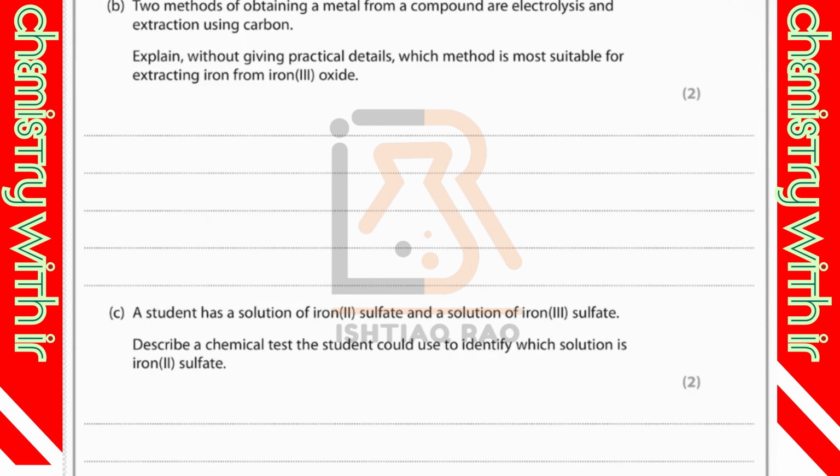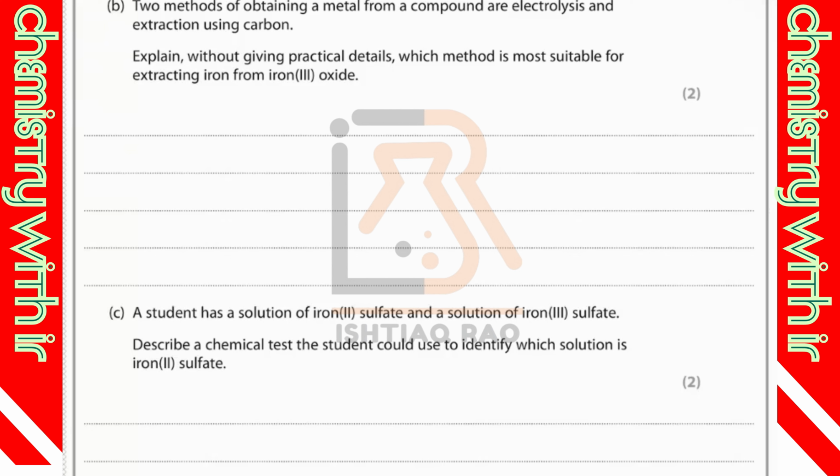If you can see the reactivity series, we would see that iron is less reactive than carbon. So I can say that we can easily separate iron from its oxide by using carbon because carbon is more reactive. Okay, so we can do extraction of iron with carbon.